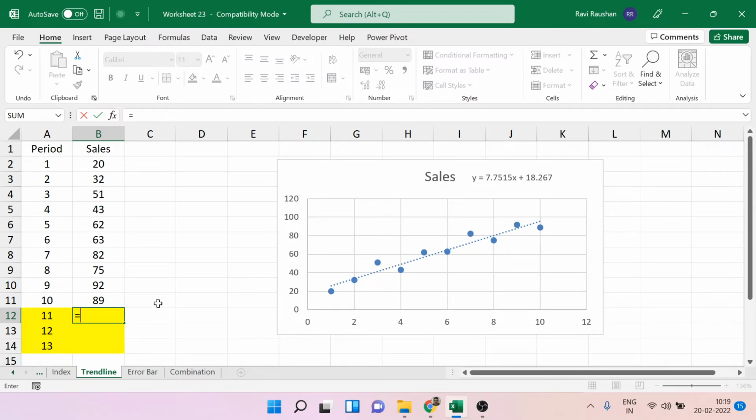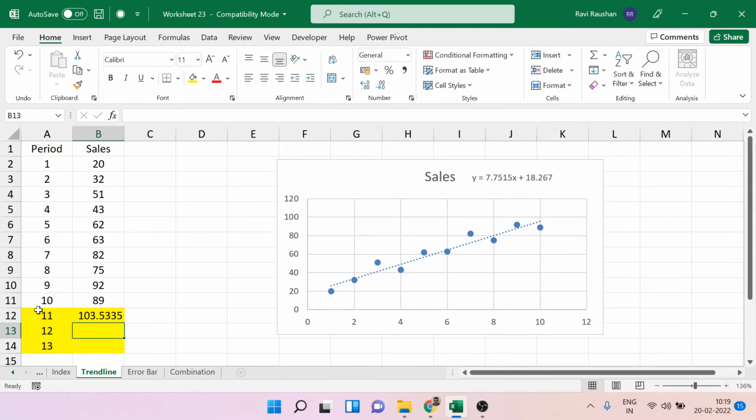In y is equal to mx plus c, your m value is given in the equation as 7.7515. You type it, times this x value, plus 18.267. So you have plotted this equation for the next period.